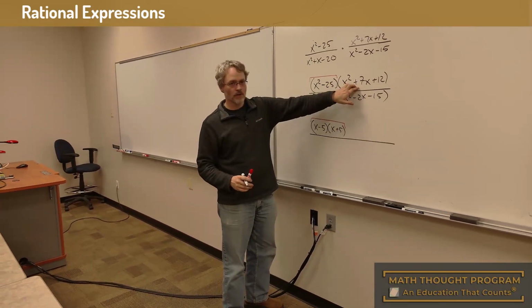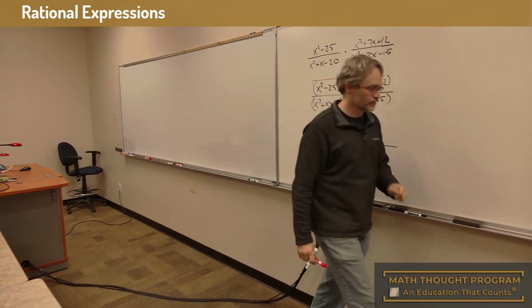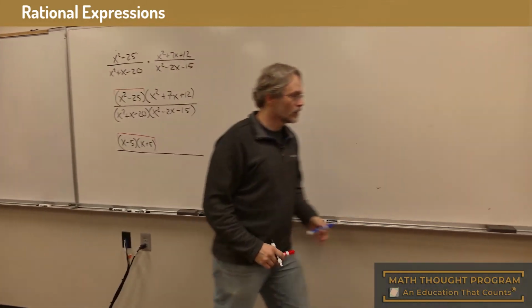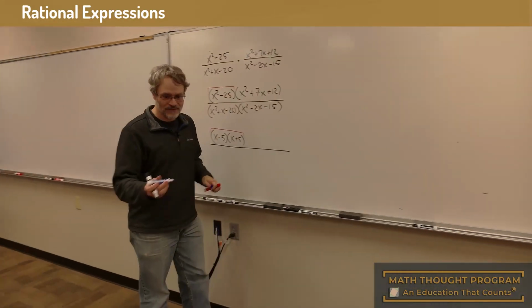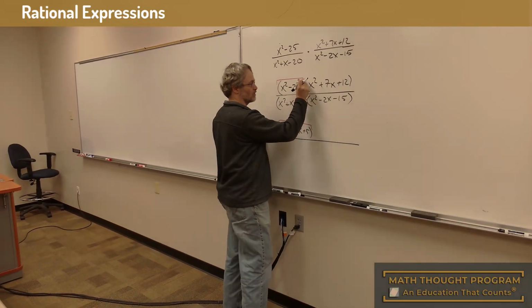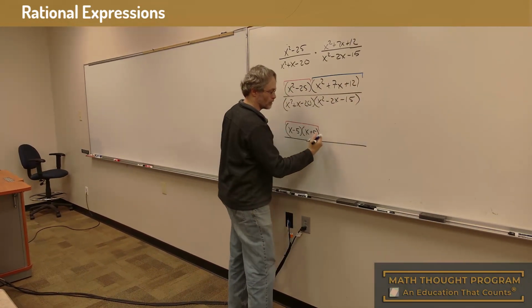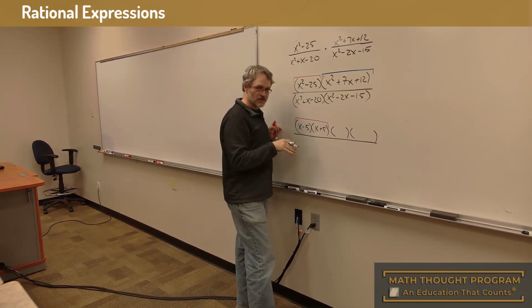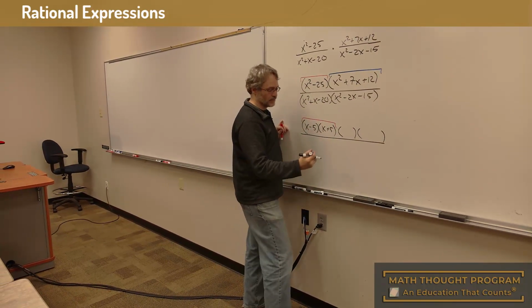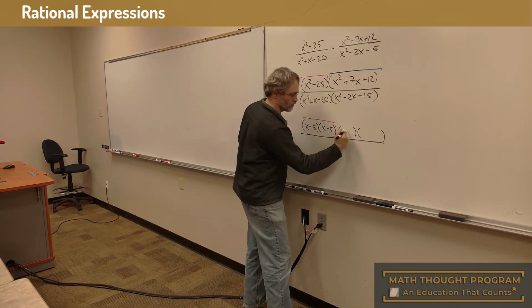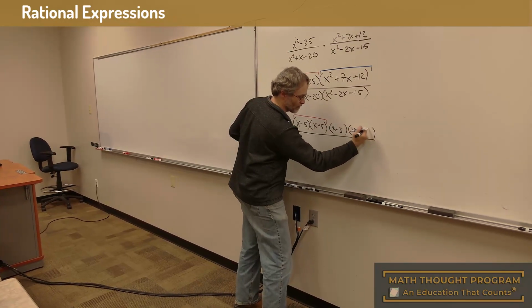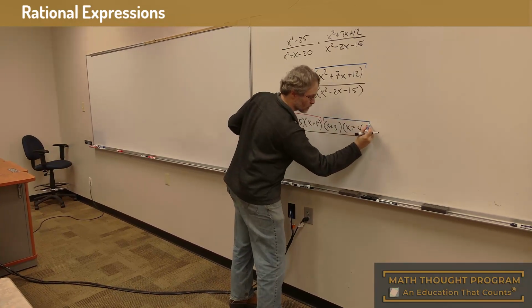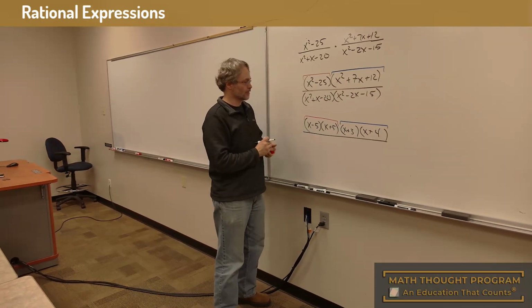Then I want to factor this piece here, the x squared plus 7x plus 12. So think about the factors for 12 which will sum up to 7: a 4 and a 3. Okay, there's that piece right there.